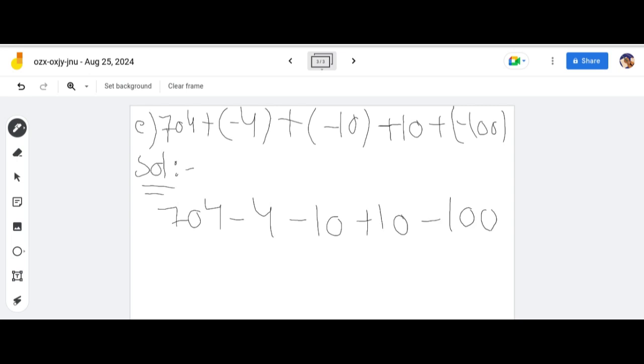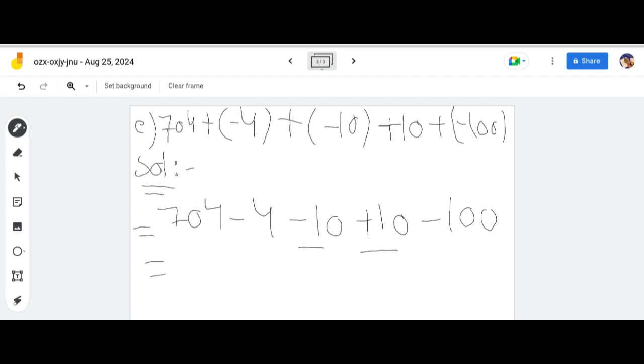Now plus into minus equals minus, and plus into plus equals plus. Look here, it is a minus 10, it is a plus 10. They are the same numbers but they have the opposite sign.